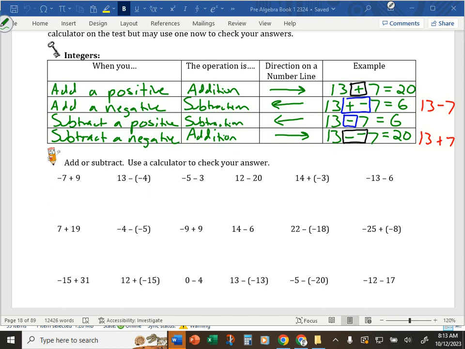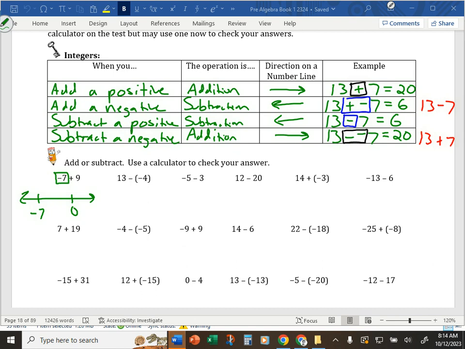So, starting with the practice work down here a little bit. Okay? Negative 7 plus 9. Remember, on our number line, this first number tells us where we start. This has nothing to do with the operation. This just tells you, where are you? You're at negative 7. Zero's over here, right?